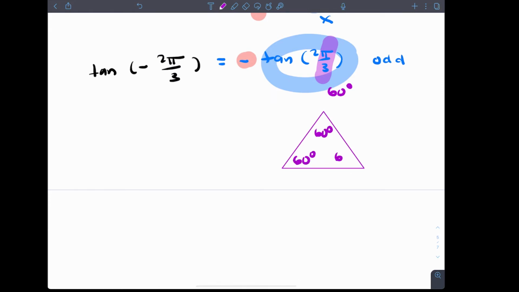I'm going to tell you guys a secret. I don't know what the answer is, but I know how to deduce the answer. Some of you guys have this memorized. I don't. This is what I remember.